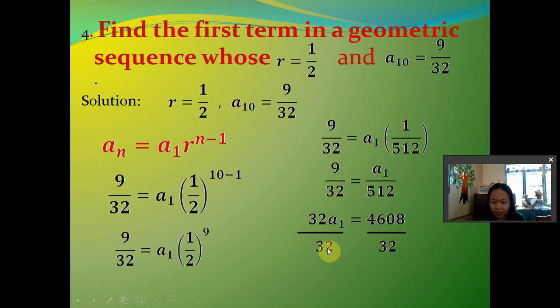To make it easy, simply divide both sides by the numerical coefficient of a sub 1, which is 32. So 32 is eliminated, and what will remain on this side is only the first term. And 4,608 divided by 32 is 144. Therefore, the first term is equal to 144.